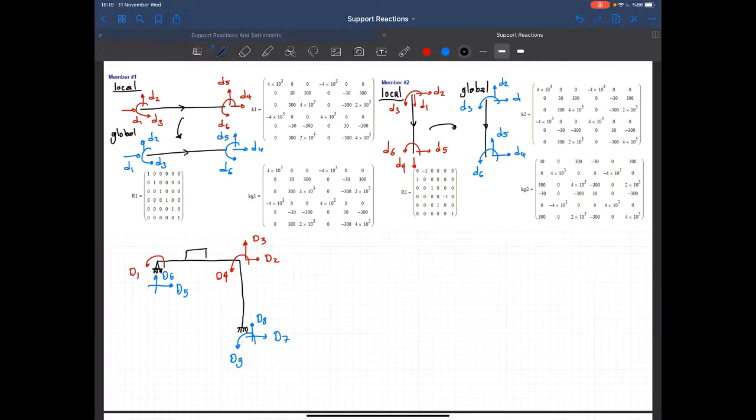That's my first member, that's the second member. Okay, now let's map this with the global degrees of freedom.